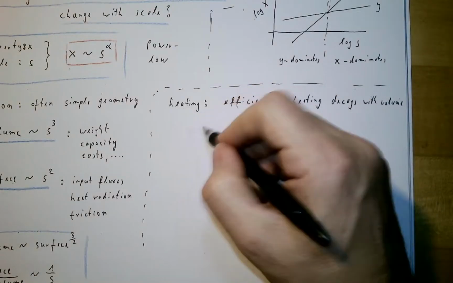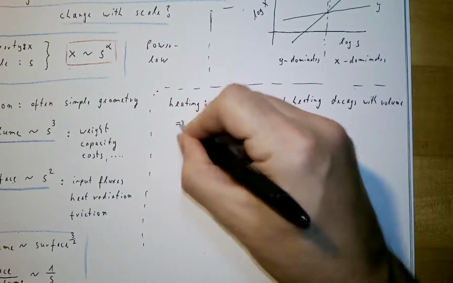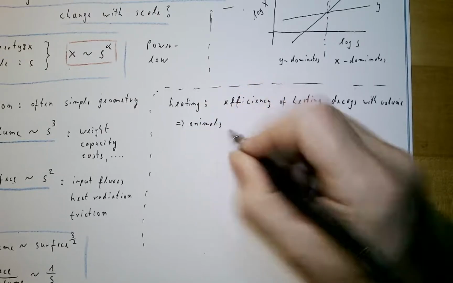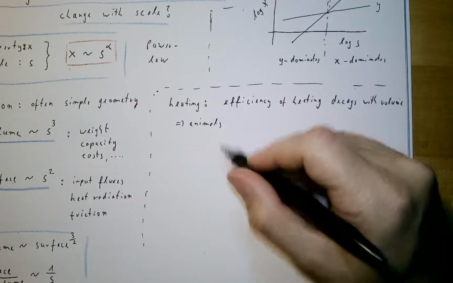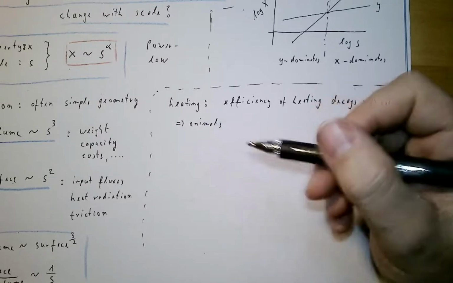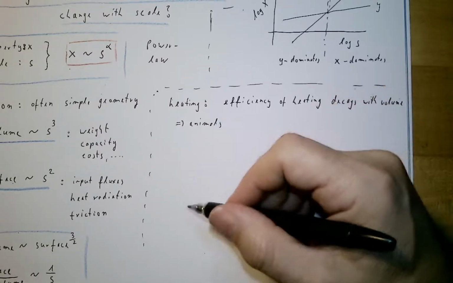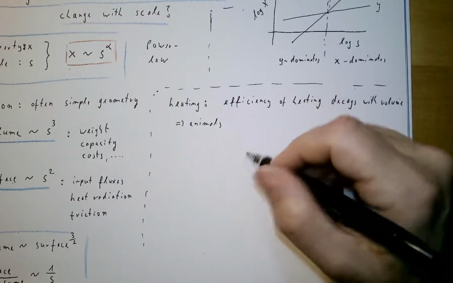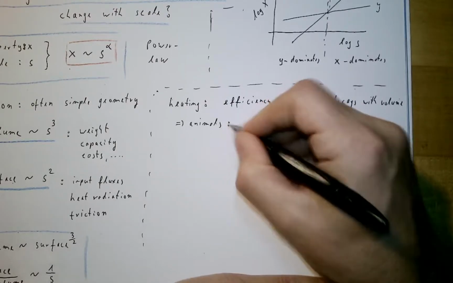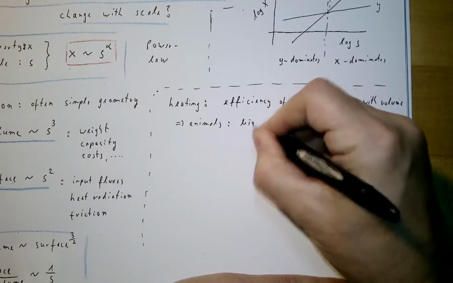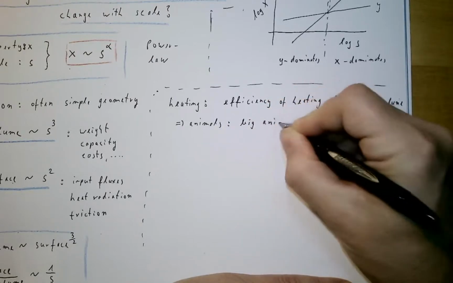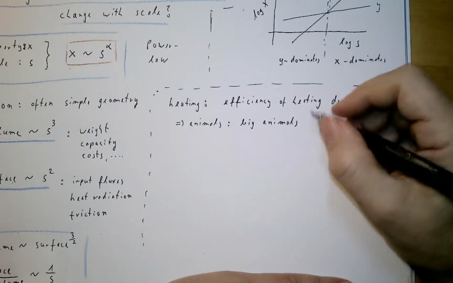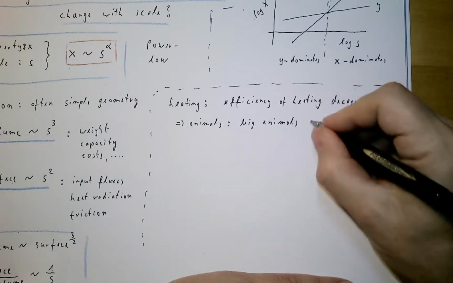Now translate this to animals. Animals produce body heat, and they have to get rid of the heat, especially if they're in a warm place. And this means big animals are not as efficient at getting rid of heat.